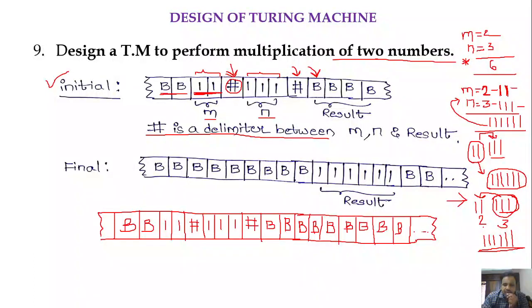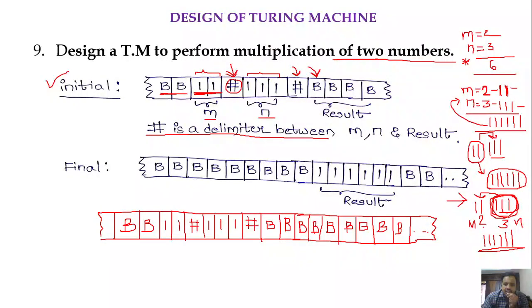So I am going to save this 3 value two times. This 3 is nothing but our n value, and m is nothing but 2. So to generate the multiplication result, I am going to generate this n value two times.